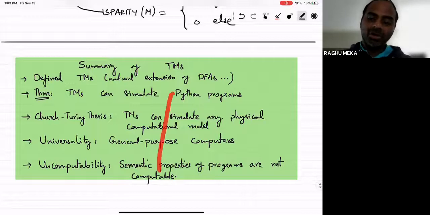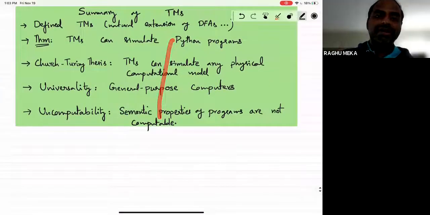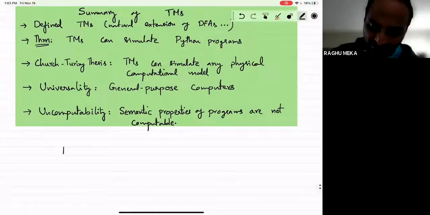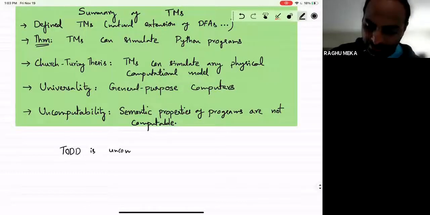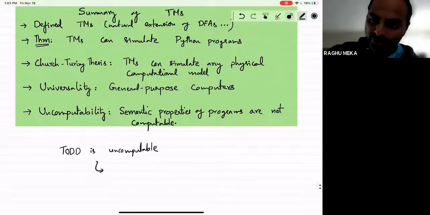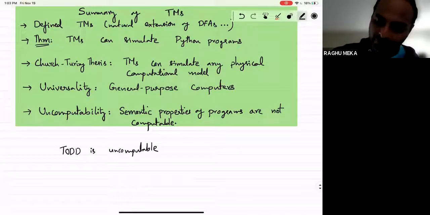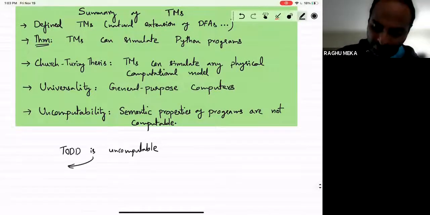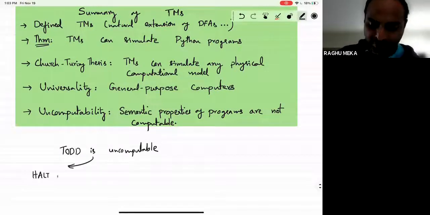And starting from toddler, we built this web of reductions, right? We started with toddler is uncomputable. And from there, we went to halt is uncomputable.